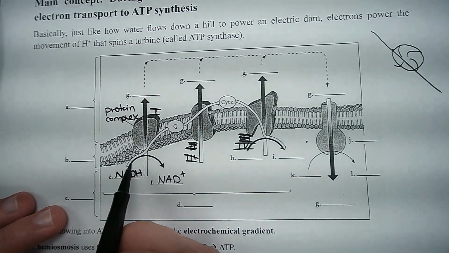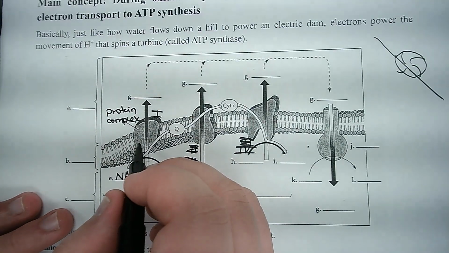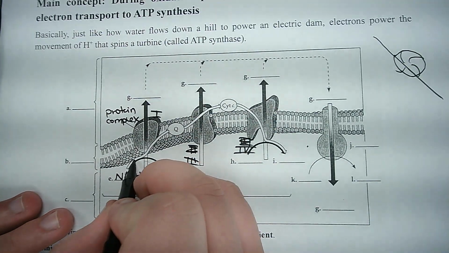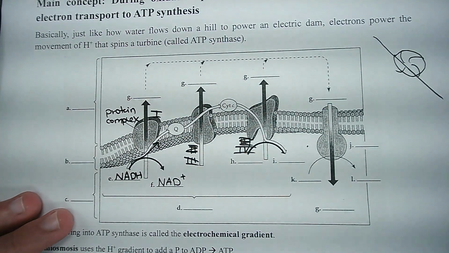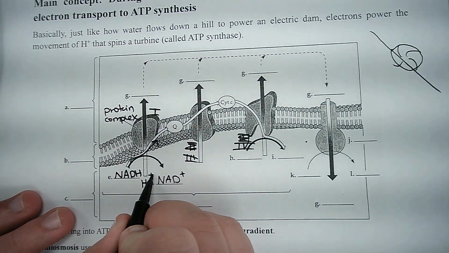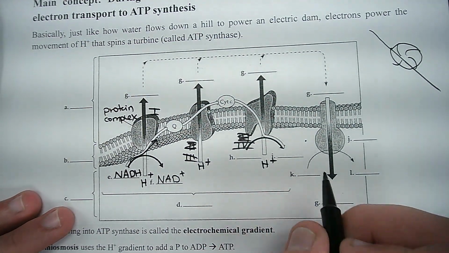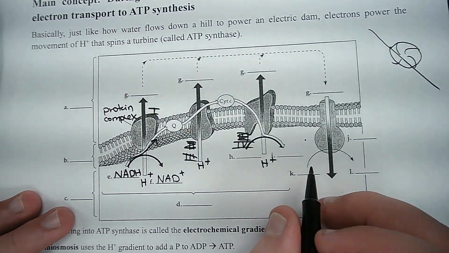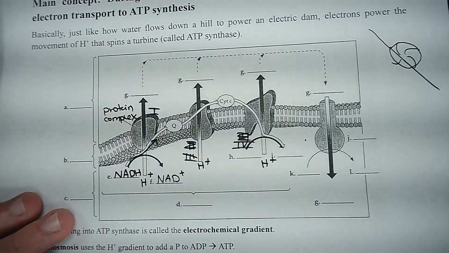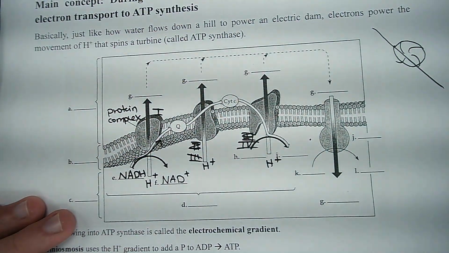Okay, the electrons are transferred into these protein complexes. As the electrons move through the protein complex, we are going to pump hydrogen ions across into this space here.